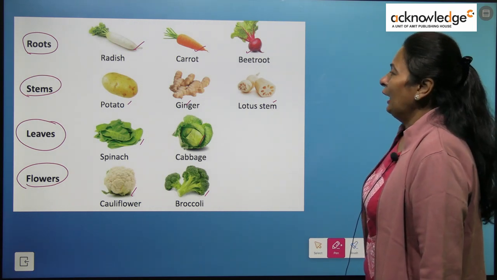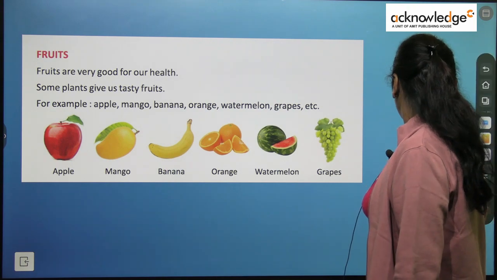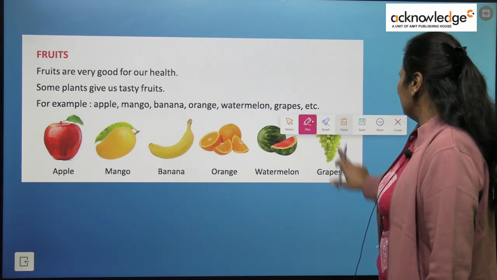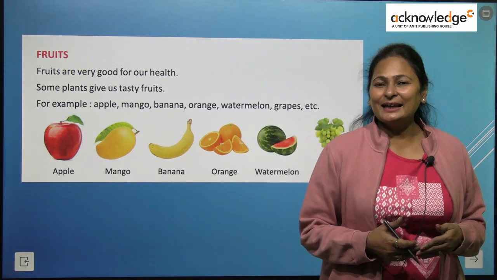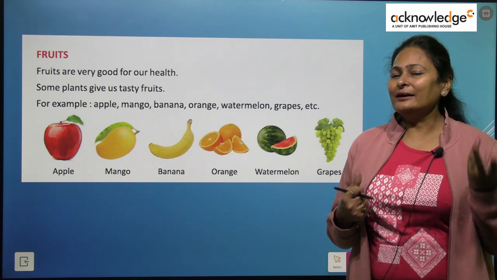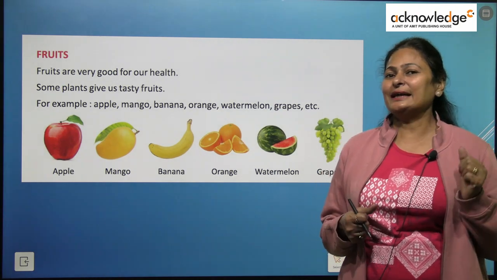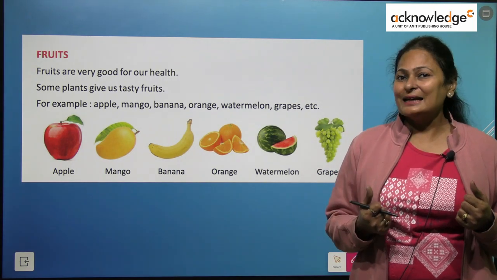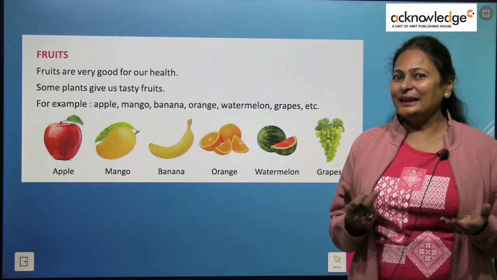Okay. Now the next one is fruits. Fruits are very tasty, na kids? Some fruits are sweet in taste, some are sour, but all the fruits are juicy, correct?